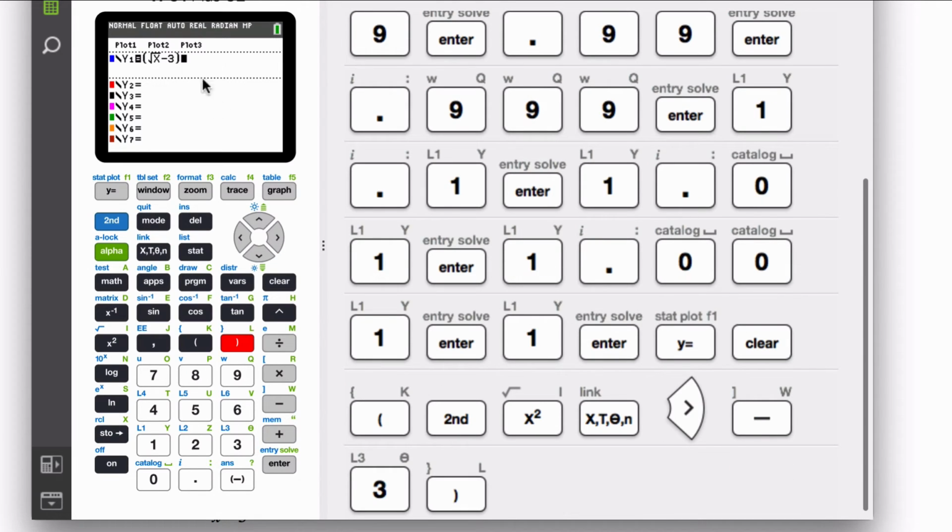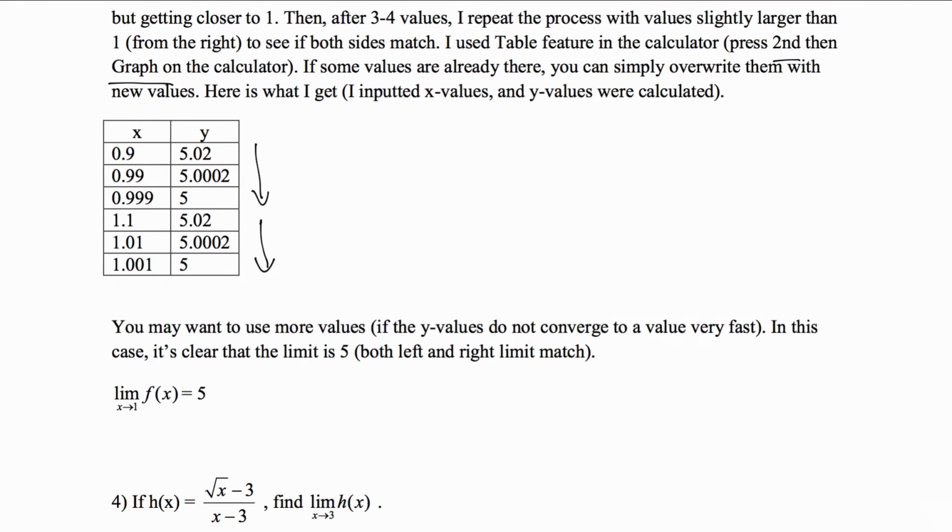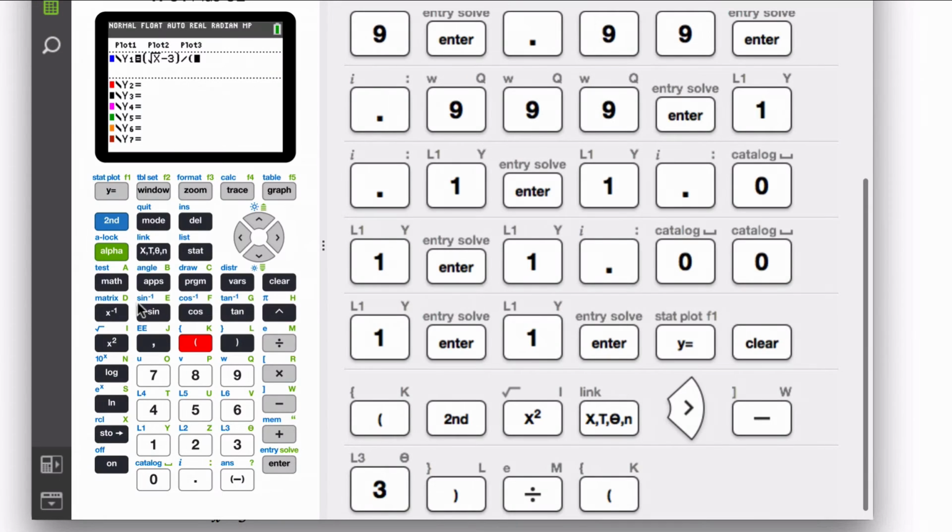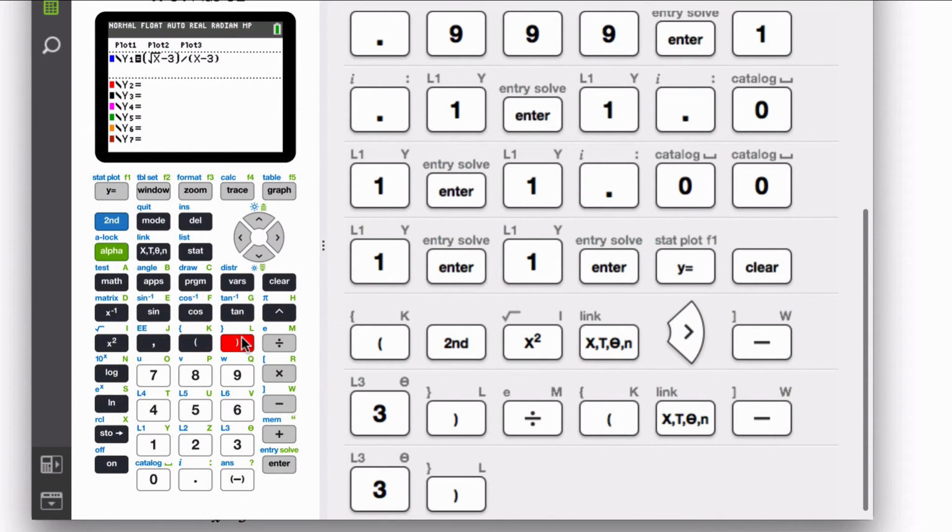Make sure that not the whole thing is under the radical, otherwise you'll get something else, divided by, again, your denominator, x minus 3. Make sure both your numerator and denominator are in parentheses. I made that mistake earlier, had to re-record this video.